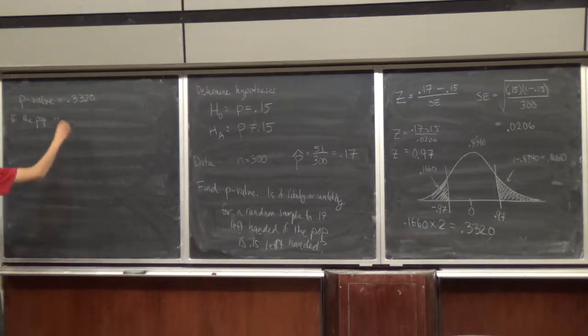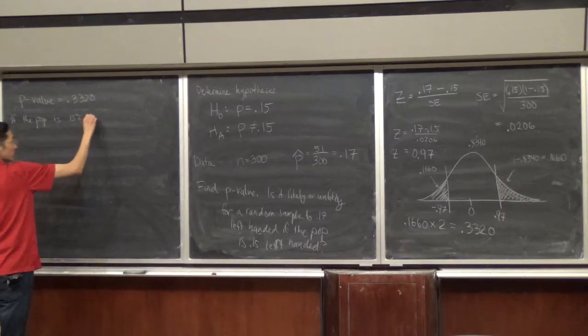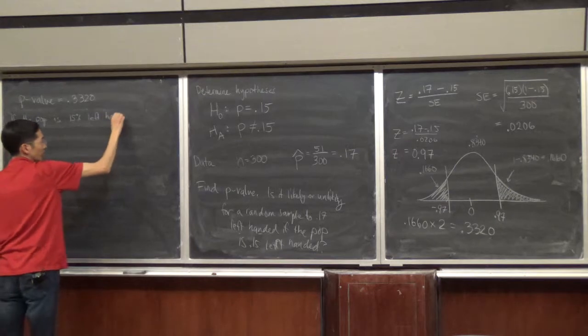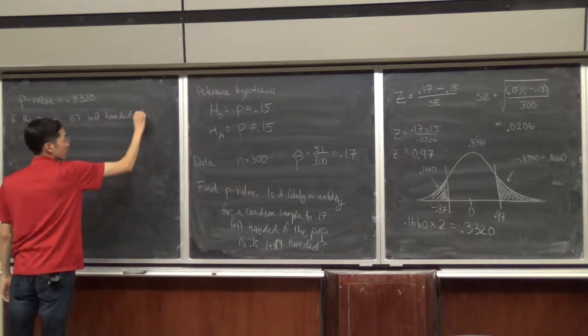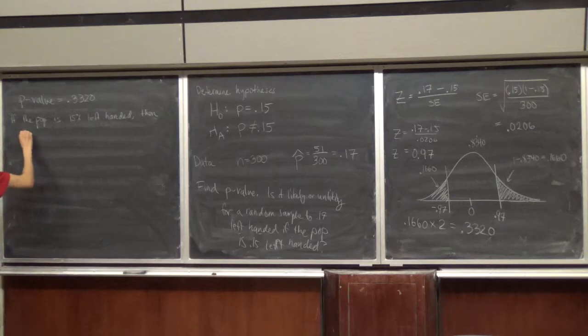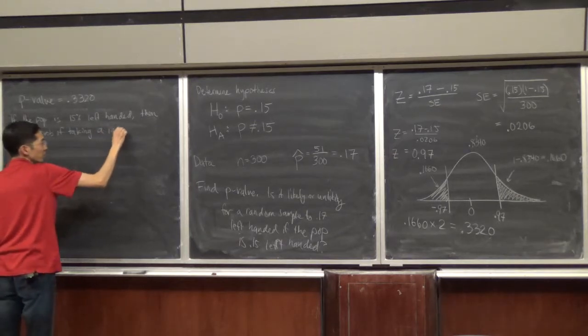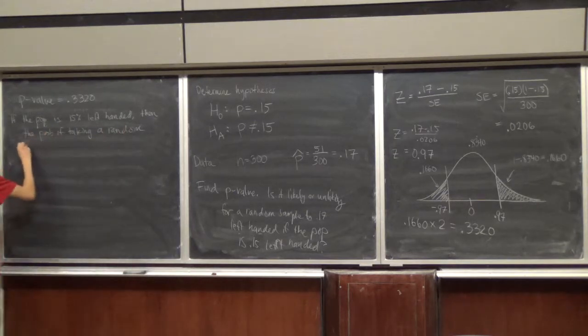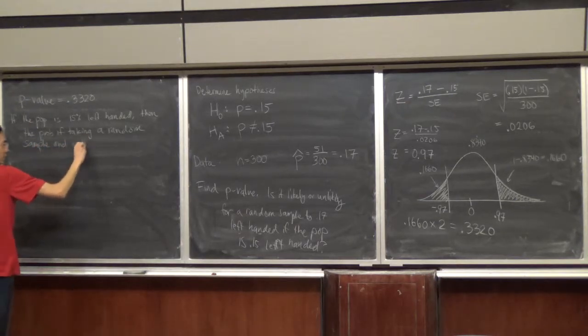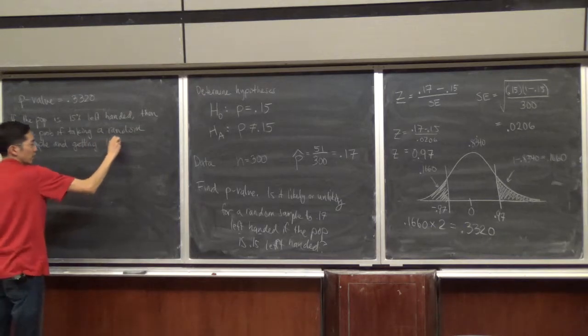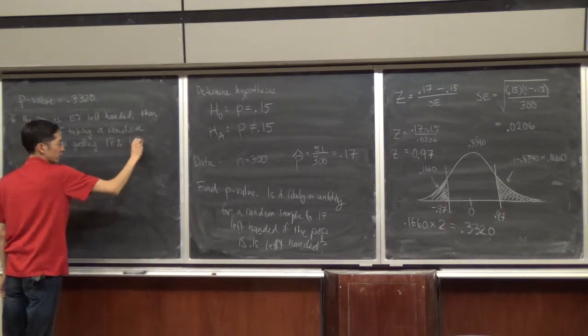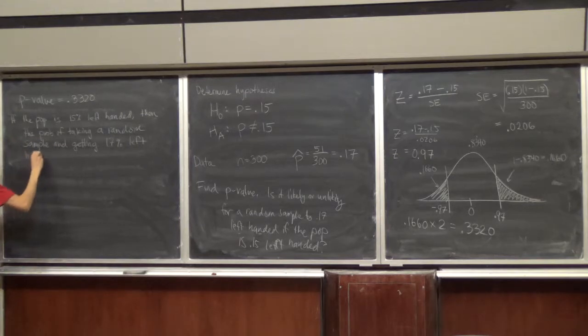So if the population is 15% left-handed, then the probability of taking a random sample and getting 17% left-handed is not unusual.